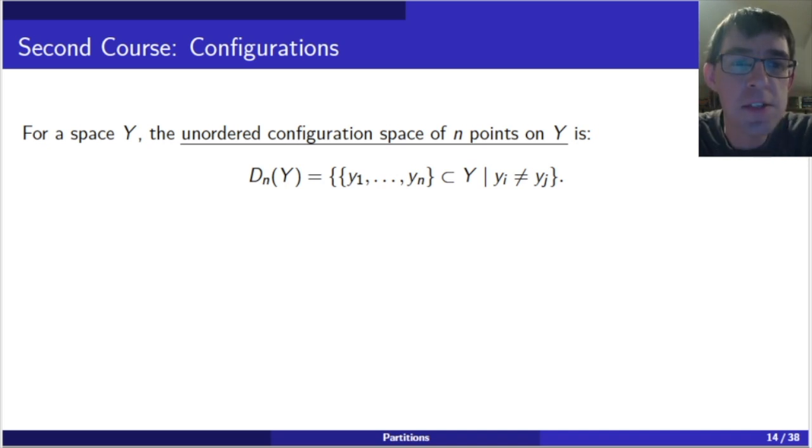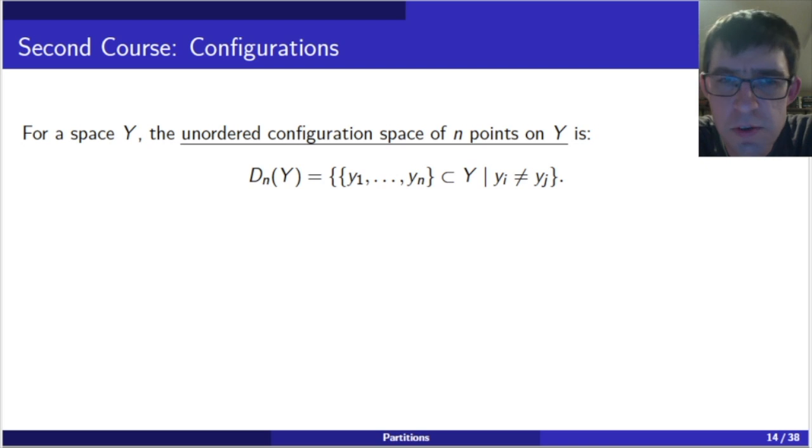Second course concerns configurations. So there's something called a configuration space. If you start with any space y, by the way, when I say space, generally I mean metric space, although some of these things can hold in more generality than that, but everything that I say is true of metric spaces.